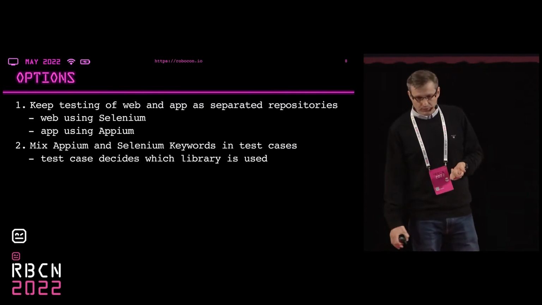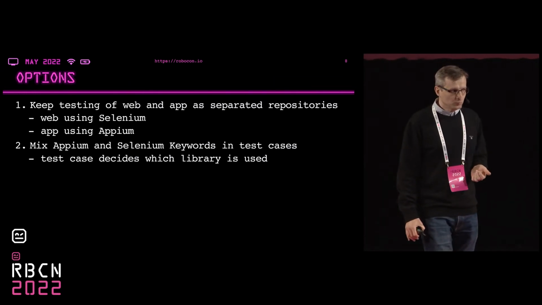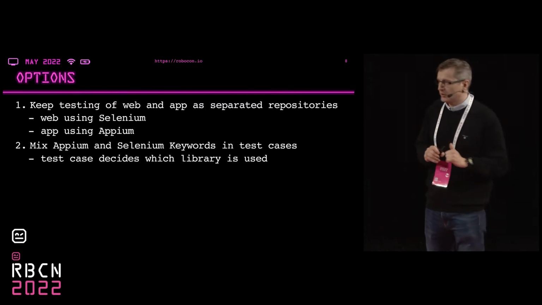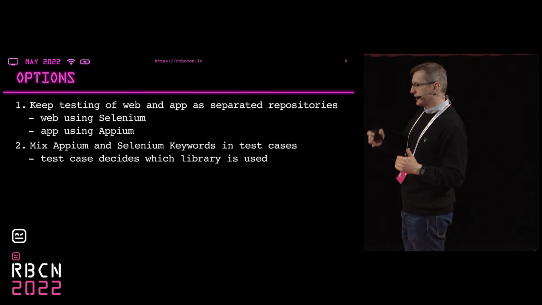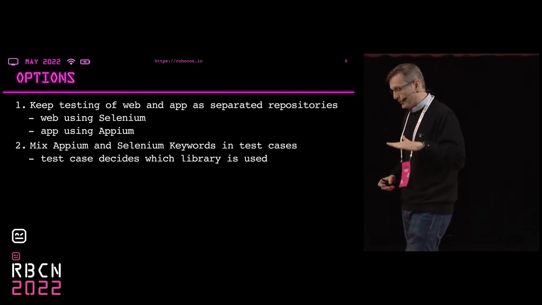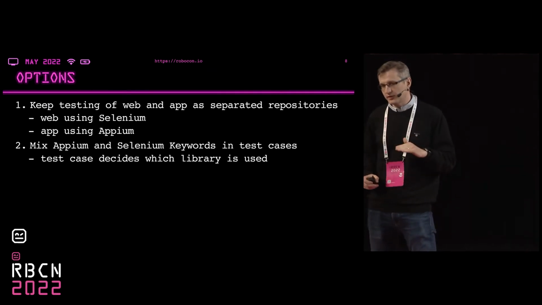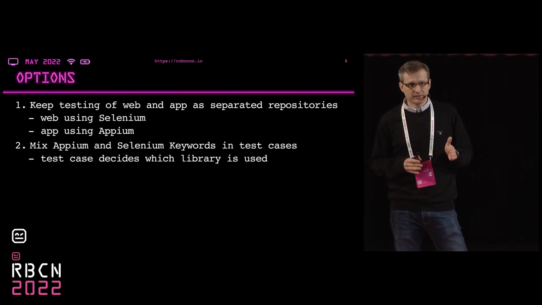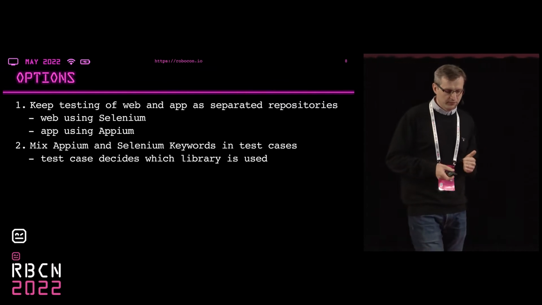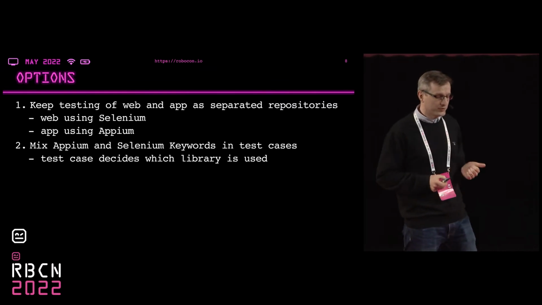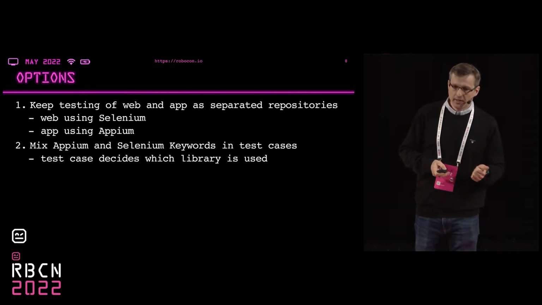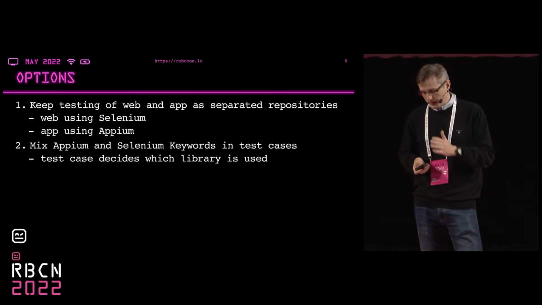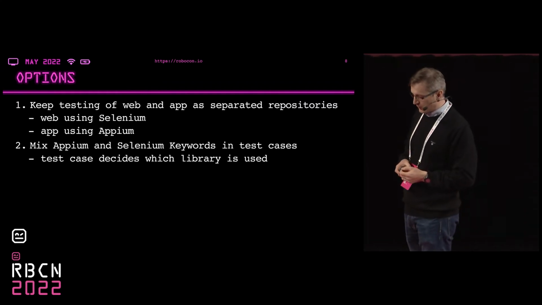The other approach was to mix the Appium and Selenium keywords, so that on the keyword level or on the test case level, it would be decided which way we go with the testing. If the app needs to be tested, it would go with Appium. If the tests need to go with the web, it would choose the Selenium keywords.